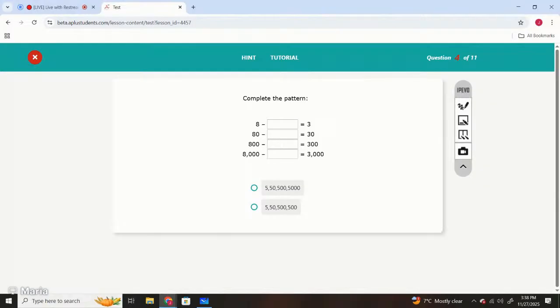Which is the correct option? That is 550, 500 and 5000. Option number 1 is the correct option.